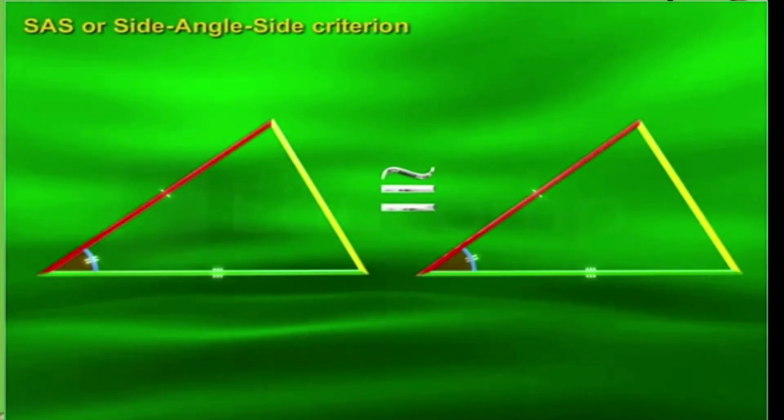For the second criteria, for the two triangles to be congruent, we have side angle side or SAS. For this criteria, if two sides and the included angle of the first triangle are equal to the corresponding sides and included angle of the other triangle, then the two triangles are congruent.